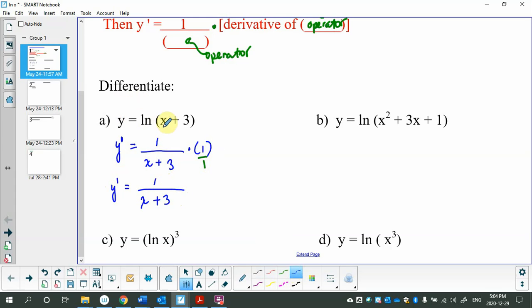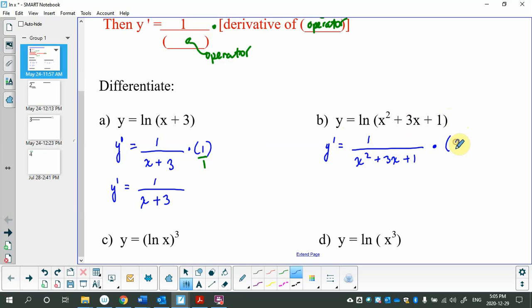Now, of course it isn't always that easy. Let's take a look at this one. Again, I'm not going to worry about how it's written this way. It's good to go. So y prime equals 1 over what you are lning, no changes, no typos, multiplied by the derivative of this. The derivative of this is more than a 1, so I must put it in a bracket.